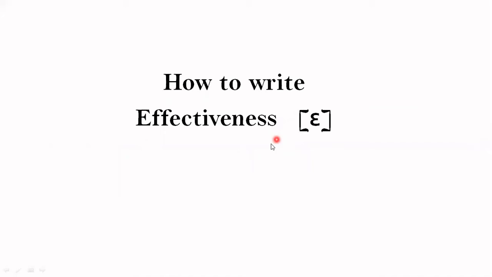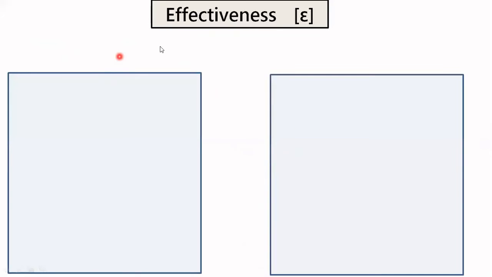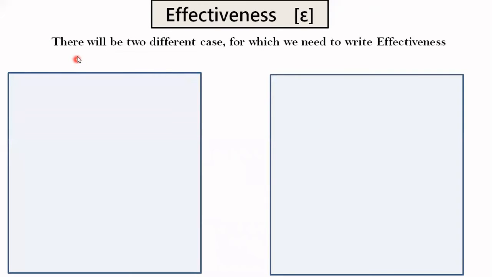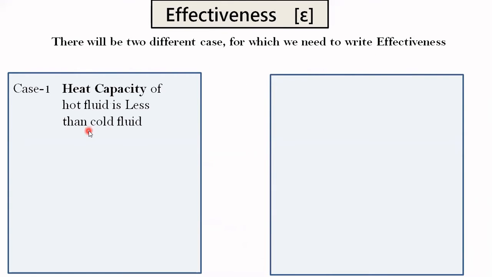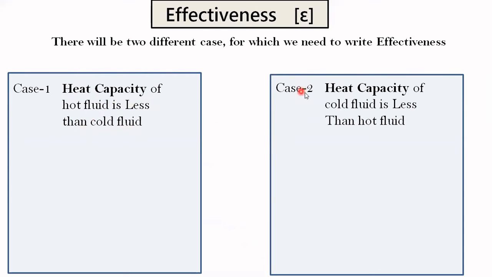So now how to write down the effectiveness equation. There will be two different cases for which we need to write down the effectiveness. Case number one, if the heat capacity of the hot fluid is less than the cold fluid, and case number two, if the heat capacity of the cold fluid is less than the hot fluid.